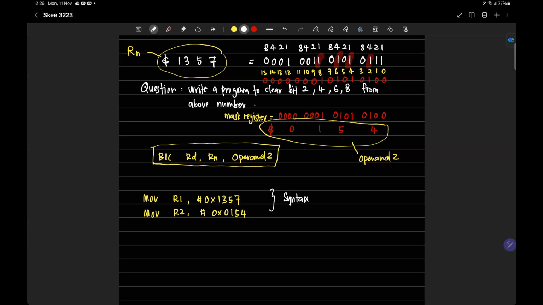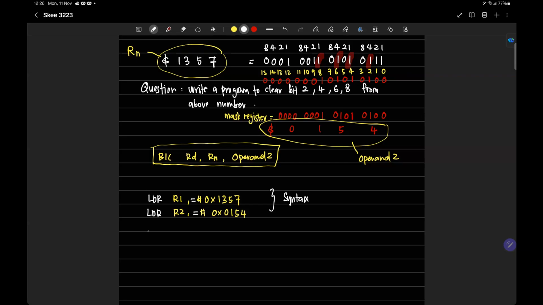If you encounter such problems, instead of using the MOV, you can change to using the LDR. To be safe, we can use the LDR. So we just change this to LDR, and then put the equal symbol.